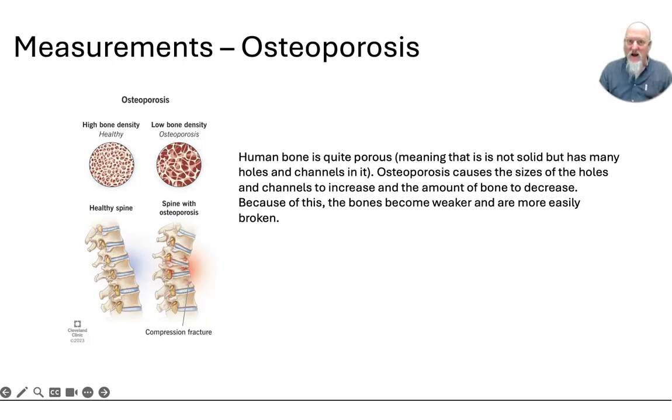Those pores get a lot bigger, and the bones just aren't as strong. When that happens, we start seeing it definitely in the back, where the back starts to arch because the vertebrae are starting to crumble a bit. This is just an example of another measurement that we do to check on human health.